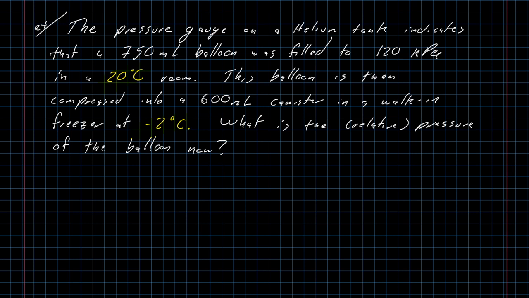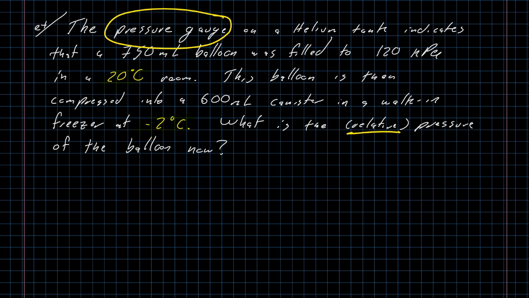The other thing, and probably the more important thing that's going on here, is that we're dealing with a relative pressure. It's not stated in the problem. This is something that you're expected to know, although I will do my best to remind you whenever it's coming up, because that's not what I'm testing you on.